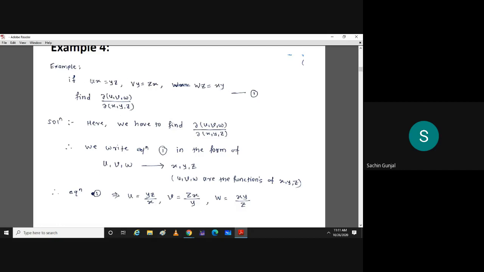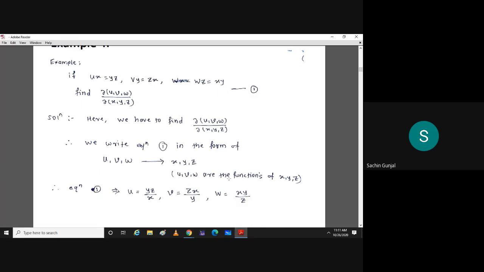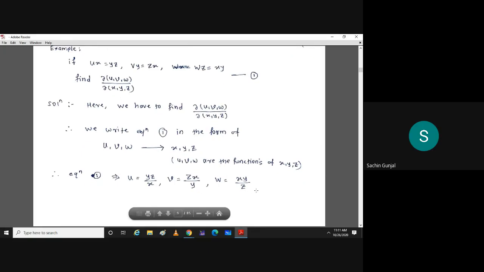This is u into x, not u suffix x, so this is multiplication. So what will be u? u is yz upon x, v is zx upon y, and w is xy upon z.